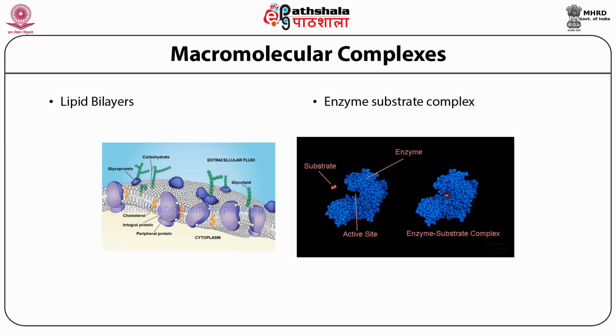On the right hand side, you will notice another macromolecular assembly, but this is an assembly between an enzyme, which is a macromolecule, and its characteristic substrate. What is learned from this slide is that the substrate, which is a small molecule, has to fit in a part of the tertiary structure of the enzyme, a place called the active site, which is a three-dimensional structure.